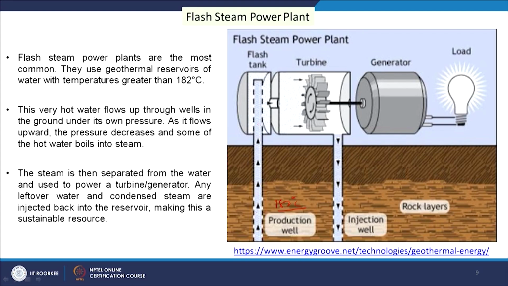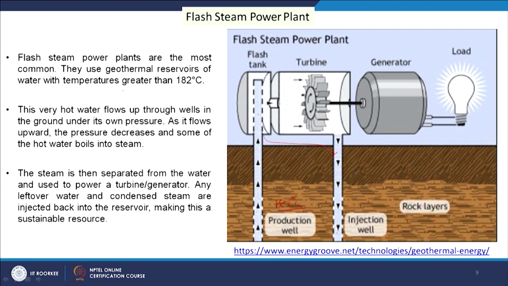When it comes to the surface, we reduce the pressure, and it gives a sufficient amount of steam that is used in the turbine, and the condensate is sent back through the injection well and goes under the earth, and again high temperature and high pressure water is available, which comes again through the production well, and thus this cycle continues and we get electricity.